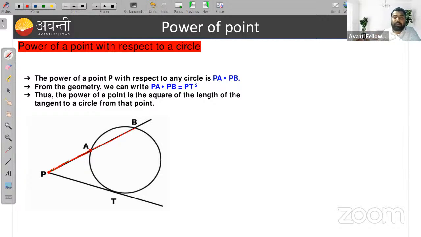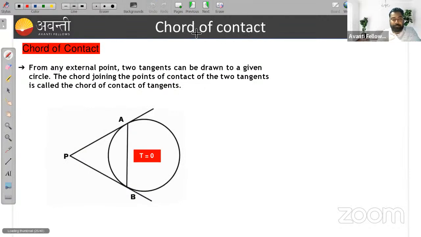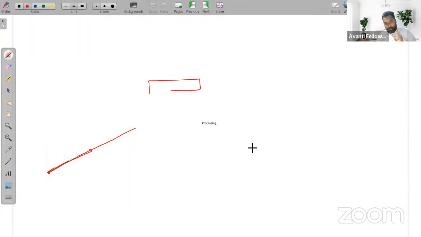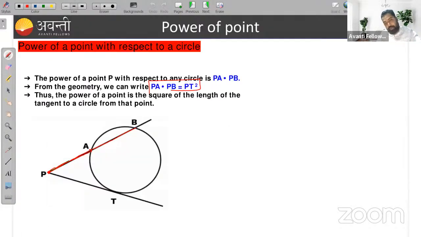Geometrically also PA into PB is equal to PT square, so we can say power of point is equal to S1.